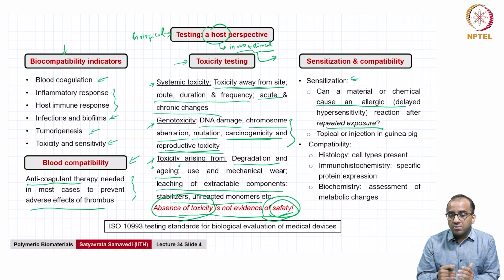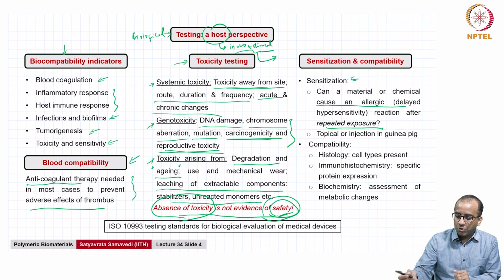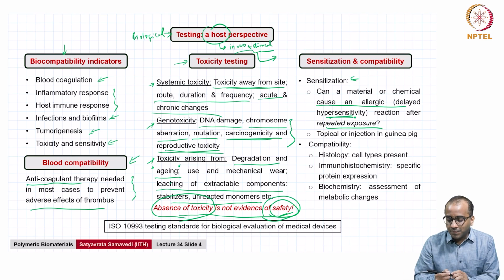So, with repeated or prolonged exposure, can this cause overreaction in a host, or what you would call hypersensitivity? This is typically done through skin sensitization tests, topical or injection, and the animal model used is typically the guinea pig. These could be used for things like collagen dermal fillers to test for hypersensitivity.